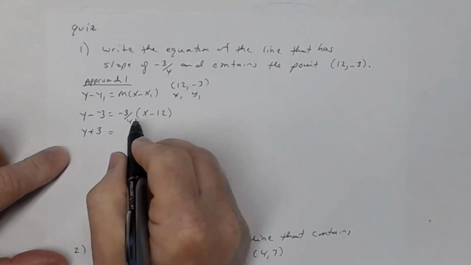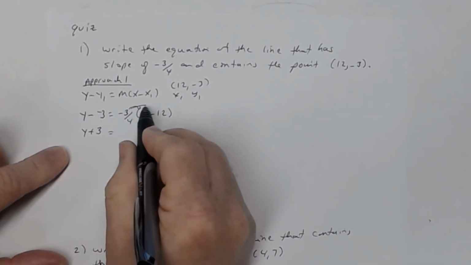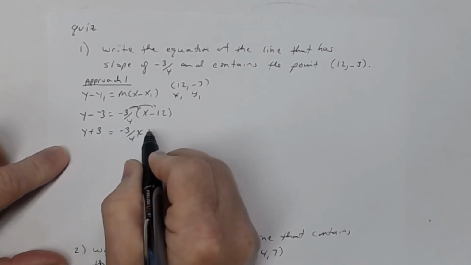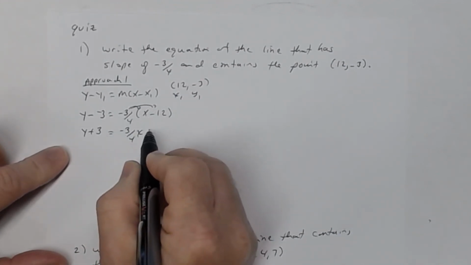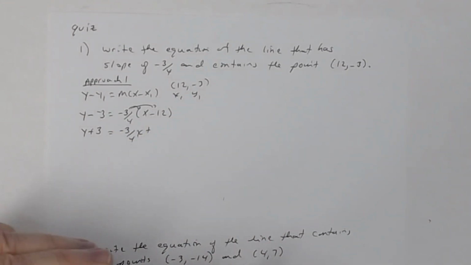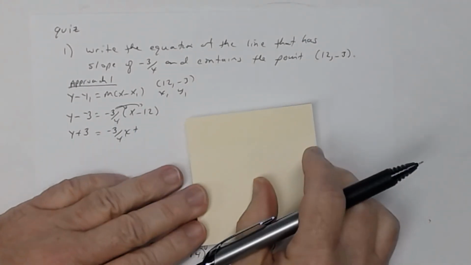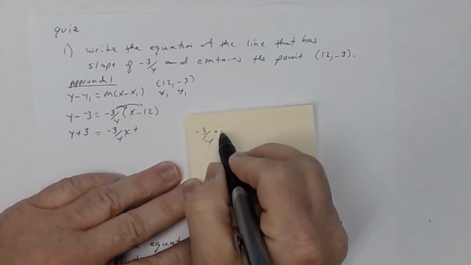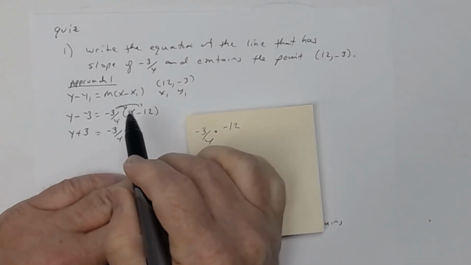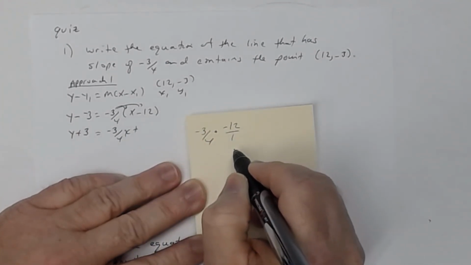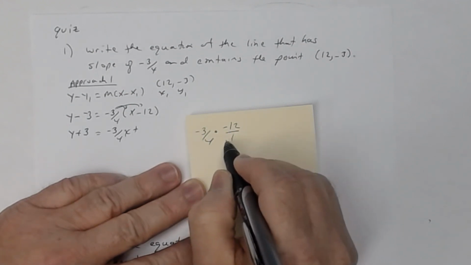Equal, and then let's just go ahead and use the distributive property here. So when I do that, I'm going to get -3/4 x, and then a negative times a negative is a positive. Now let's think about what we have here. We have -3/4 times -12. All right, and so we can rewrite -12 as -12 divided by 1. And I could do several things here.